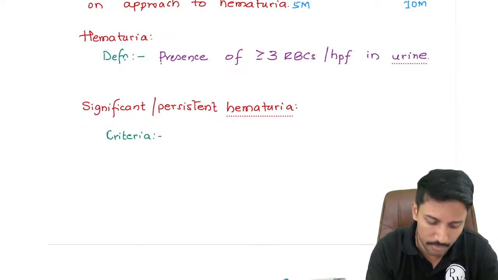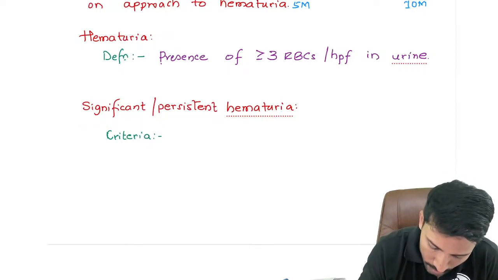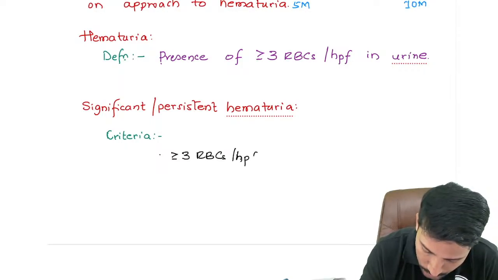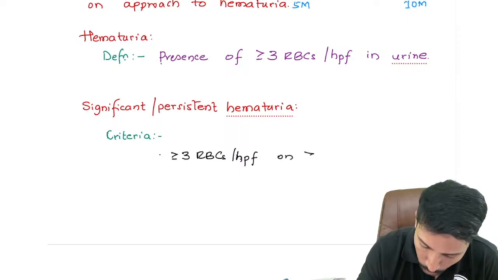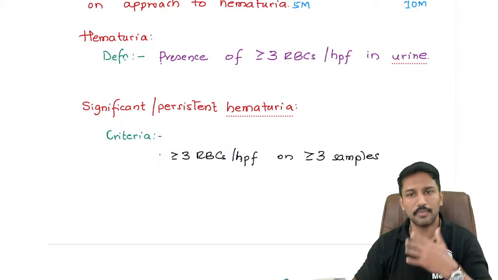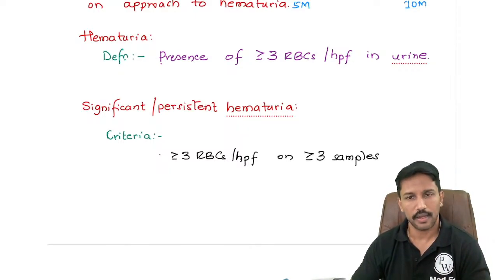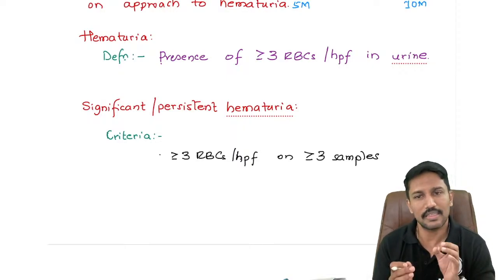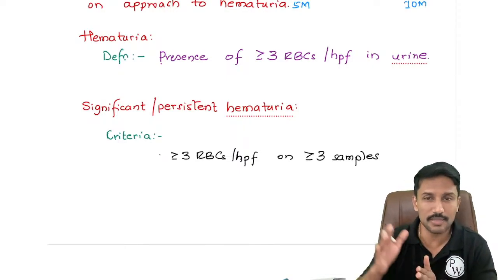So what is significant hematuria? When you have more than or equal to 3 RBCs per high power field on more than or equal to 3 samples or 3 occasions. 3 times I have taken urine samples, and in 3 or more than 3 of those urine samples, I can see that there are 3 or more than 3 RBCs per high power field.